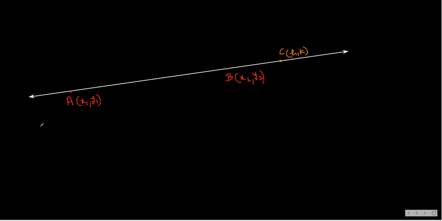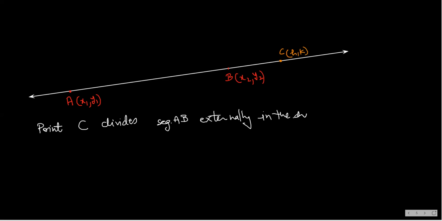So here I write the statement first. Point C divides segment AB externally in the ratio m:n.